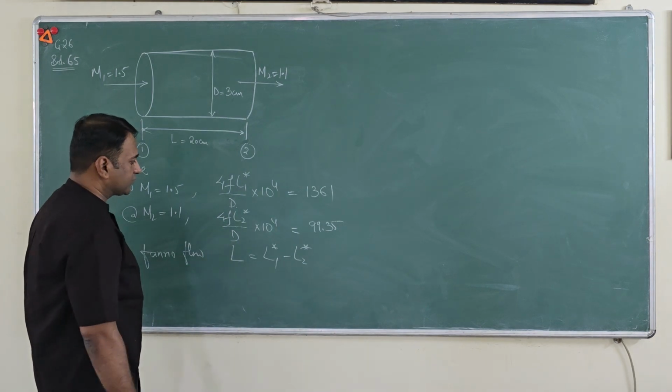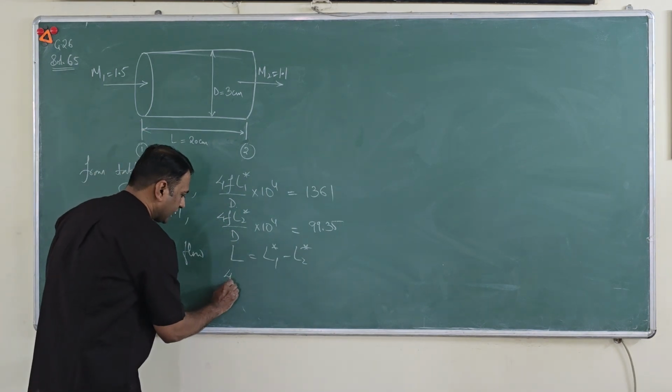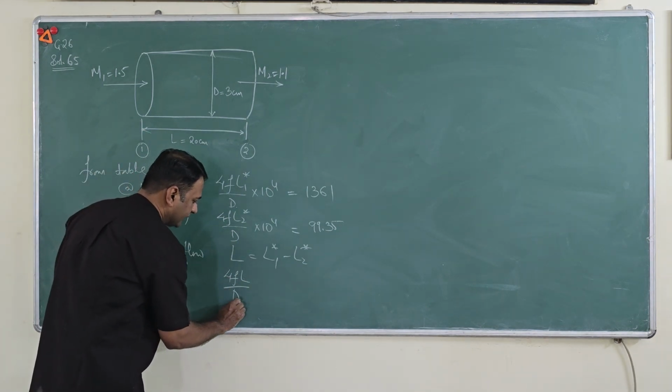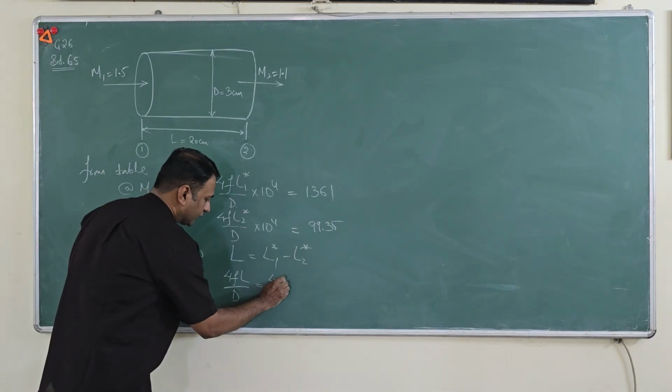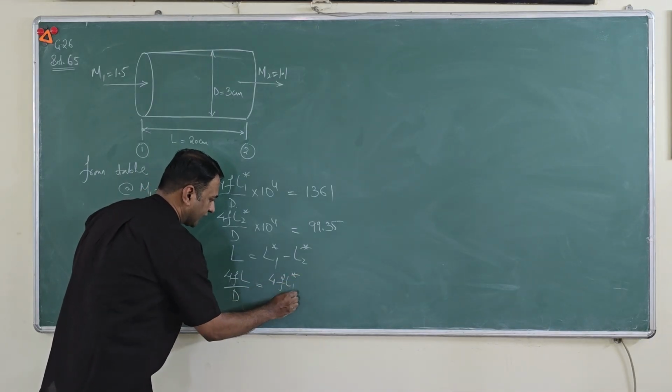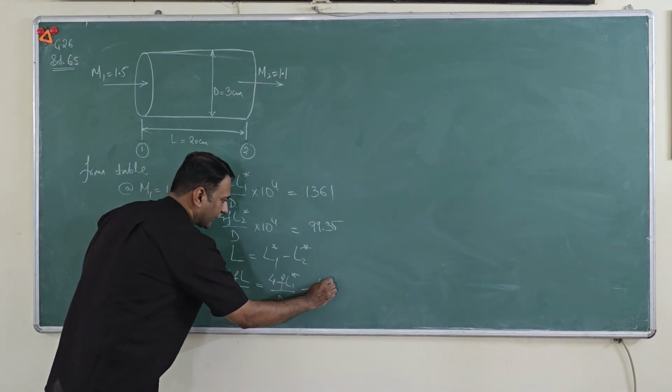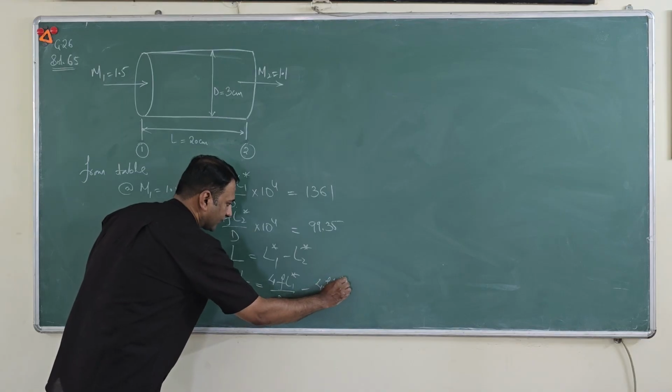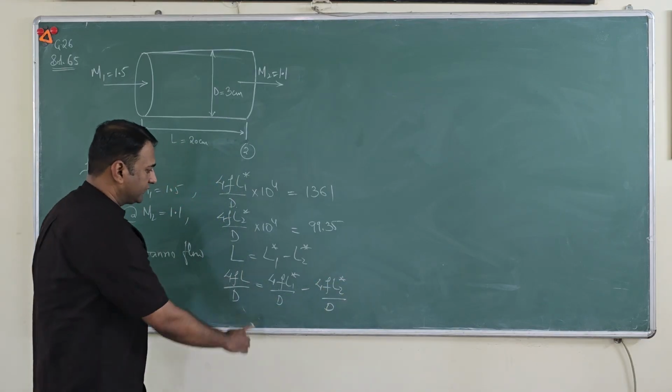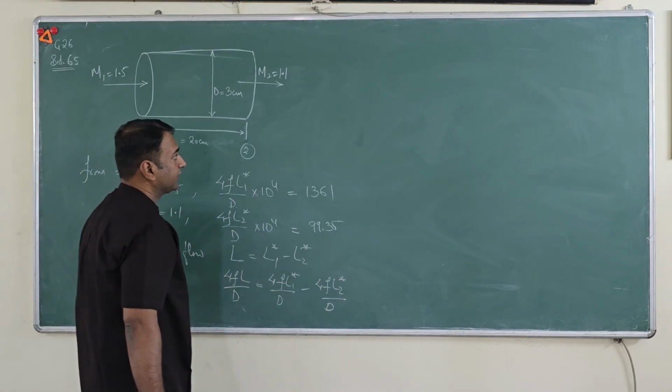The flow is supersonic and it's decelerating. We can write 4fL by D. You can multiply throughout. So you get 4fL1* by D minus 4fL2* by D. Okay. These two values we have. We need to find this value.